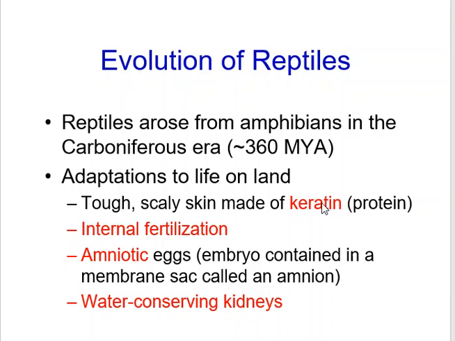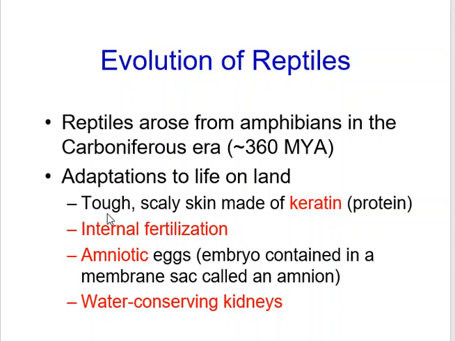And it's the same exact protein that also forms the feathers of birds, as well as the hair in mammals. So these are, if you will, modifications of scales from reptiles.